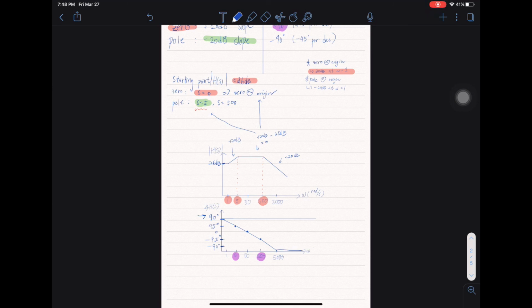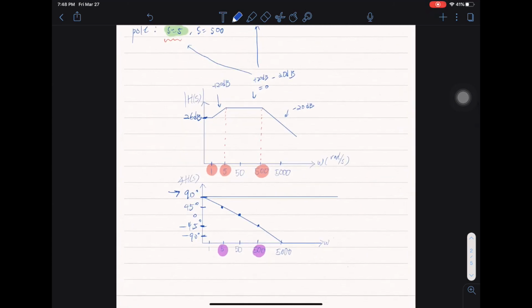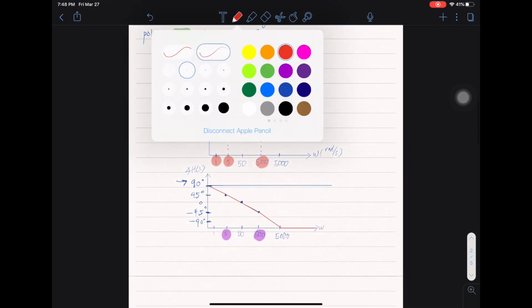And then you draw the line flat. So this is how you draw the phase. Let me make it in red. It might be easier to see. And yeah, this is how I think of drawing phase and magnitude plots.